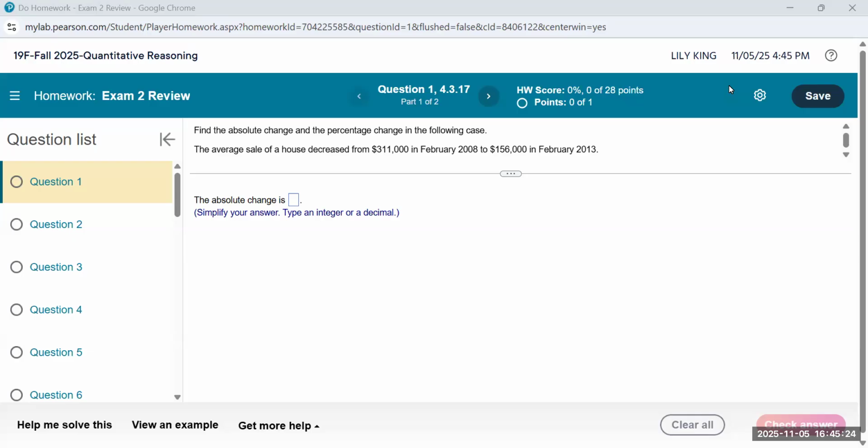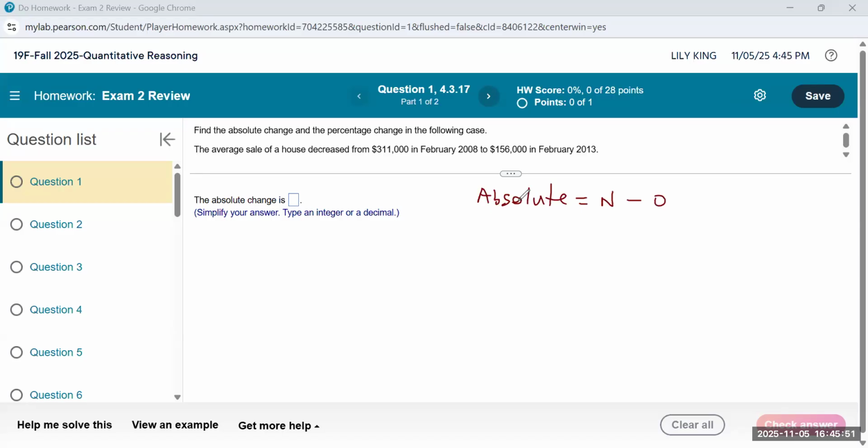So here we need the absolute change and the percent change in the following case. In this problem, for absolute change, the formula is new minus old. So we need to figure out our new value and our old value.